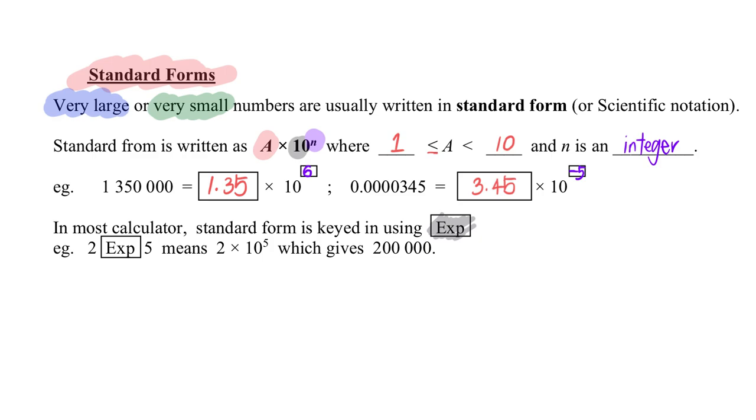When you key it into your calculator, it simply means 2 times 10 to the power of 5. So this 2 is representing the a, this 5 is representing the n, and this EXP is representing times 10.